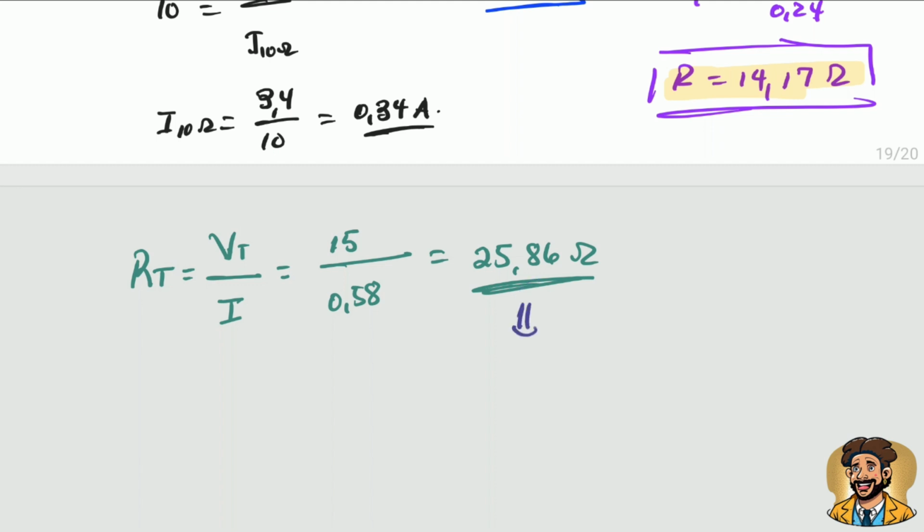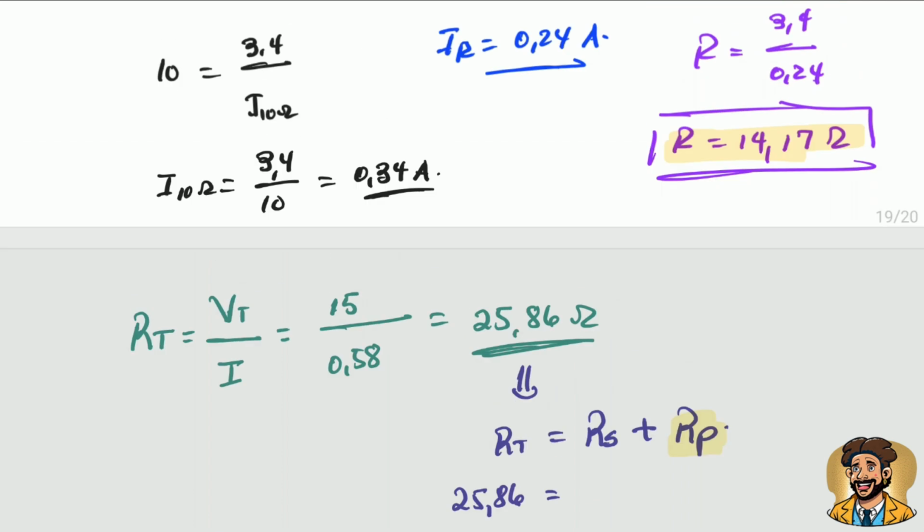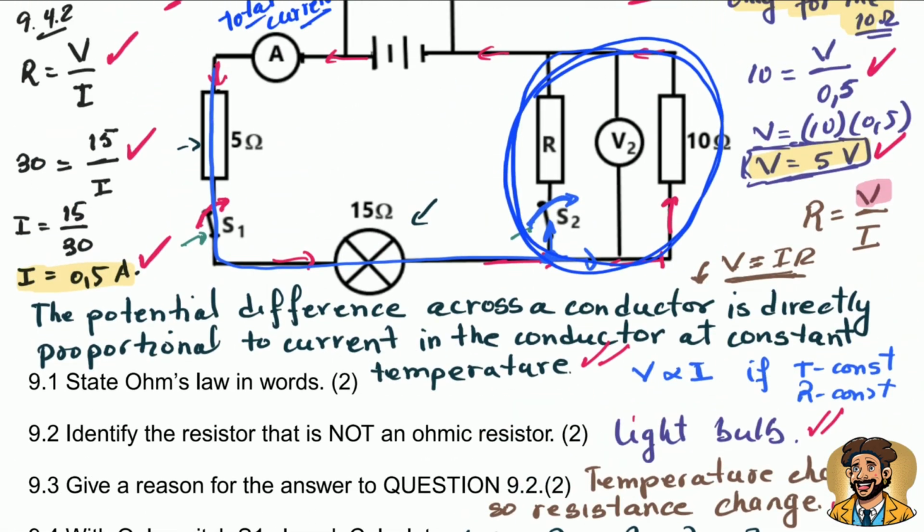Now this is for the total resistance of the circuit. From here, remember that R total is equal to RS plus RP. So with that in mind, we may calculate the resistance in parallel. From here, R total, 25.86, is equal to the resistor in series. Now for the resistor in series, we have the resistor of 5 ohm right there and the 15 ohm.